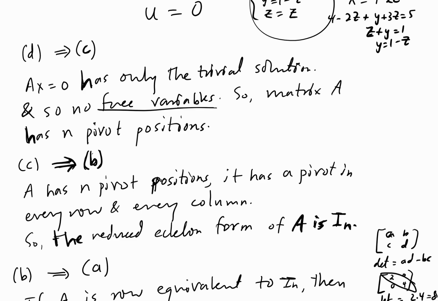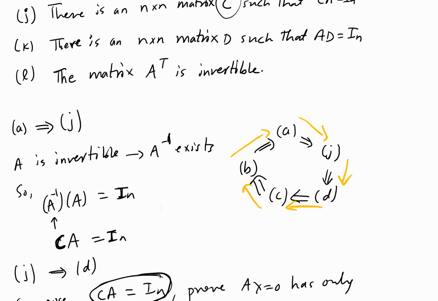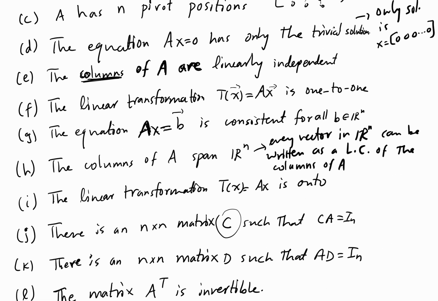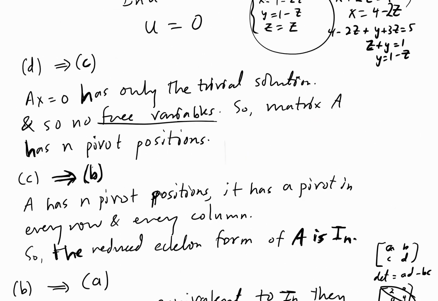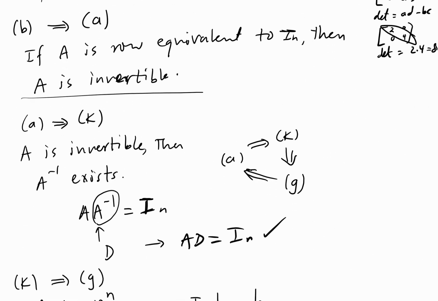If you go back, G says the equation AX equals B is consistent. Watch how we're going to prove this consistency.